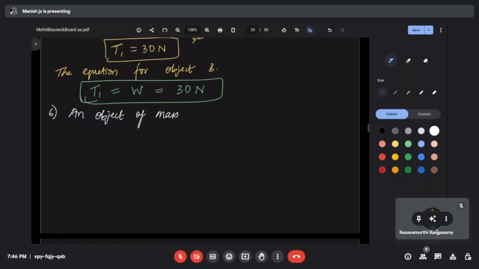An object of mass 6 kilograms hangs from another 10 kg object as shown.